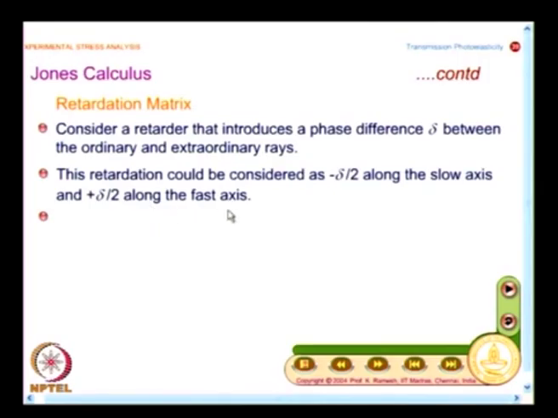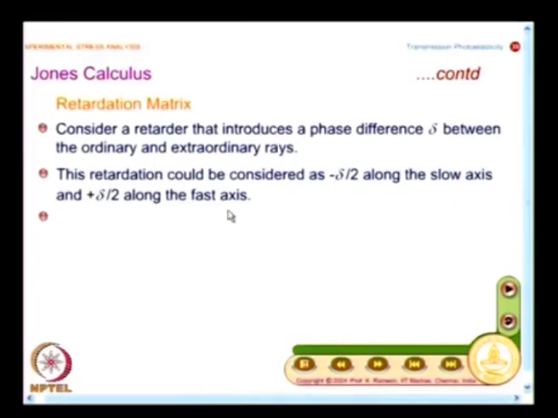So, the idea here is we would like to have a nice matrix representation, and we will follow some convention to facilitate how we analyze different optical arrangements. If we develop some equations to start with, the same set of equations could be used if we follow the same convention.